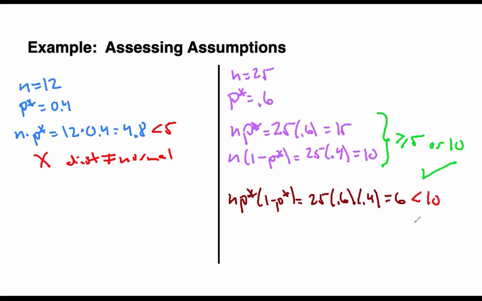So by the book's definition, the book would say, no, this is not normal enough to use. So just be aware that you could potentially end up with different results. If it's not actually spelled out for you which one to use, then it is entirely at your discretion. You actually get to make the call.